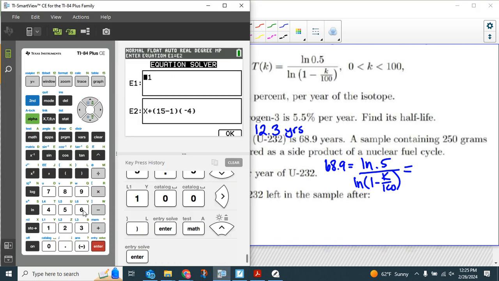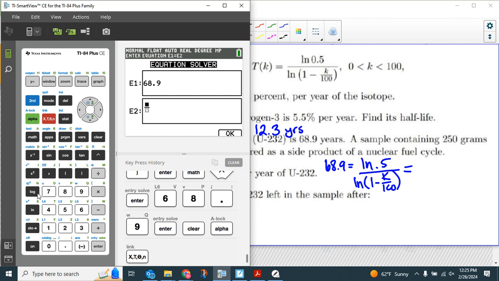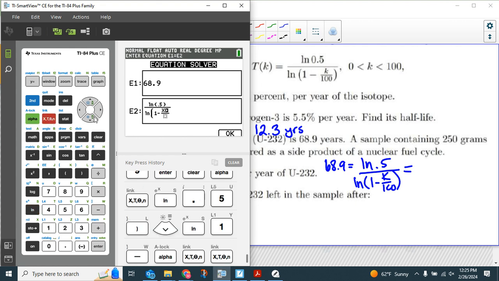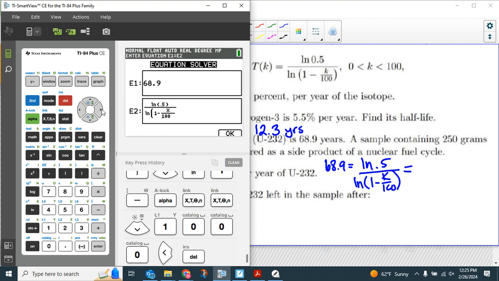Next, I'll have on my left 68.9. On my right, we will have ln of 0.5 over ln of 1 minus x over 100. Whoops, not 1,000, 100.